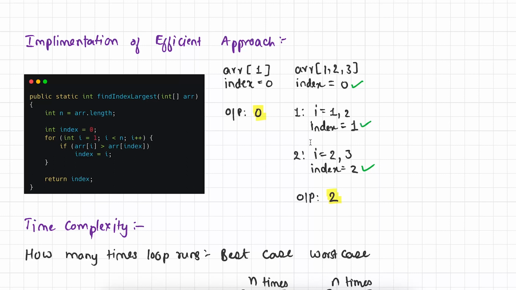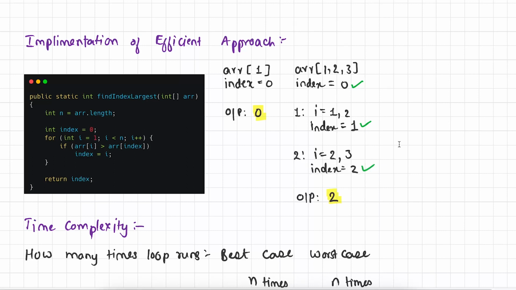In the next iteration, the value of i becomes 2. The element present at index 2 is 3. And this time we check if 3 is greater than the element present at index 1 or not. It means 2. So 3 is greater than 2. So we simply update the value of the index variable to 2.